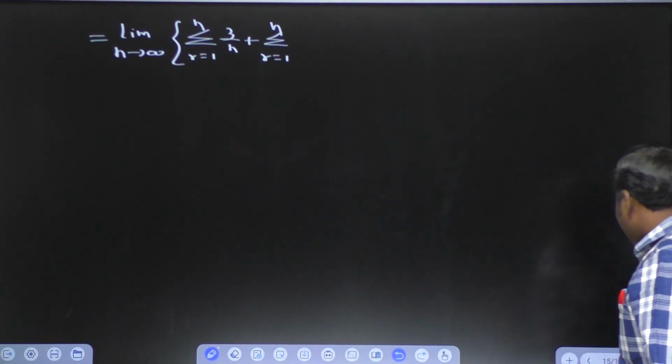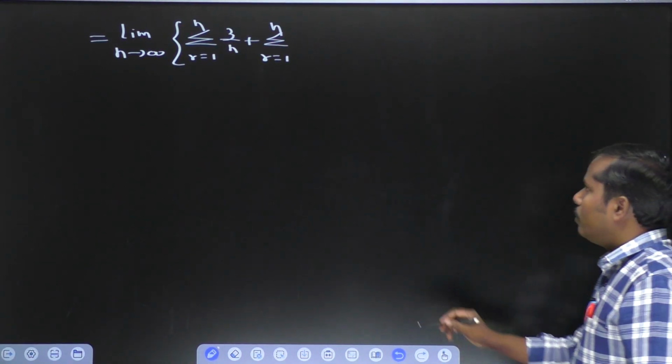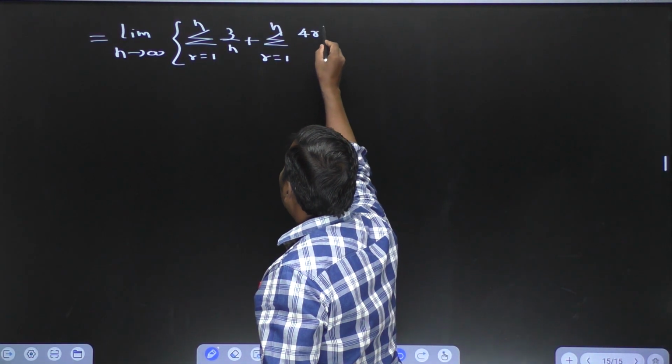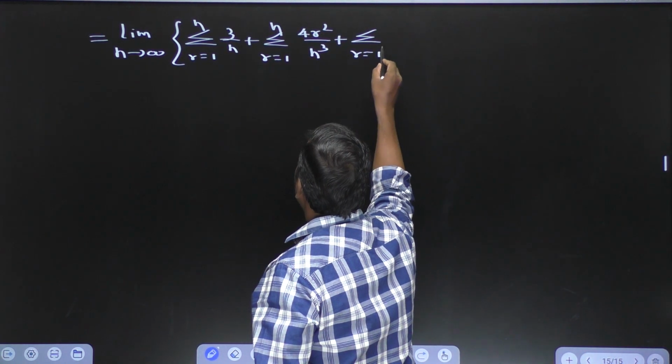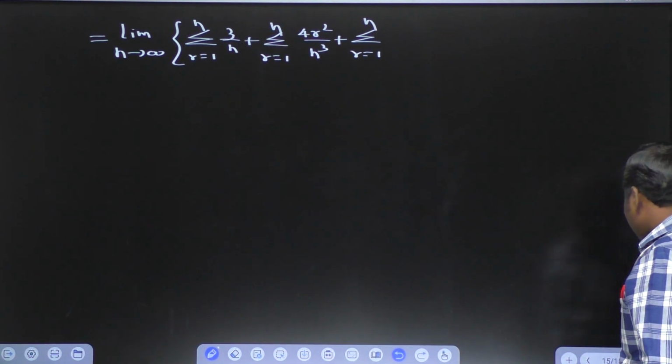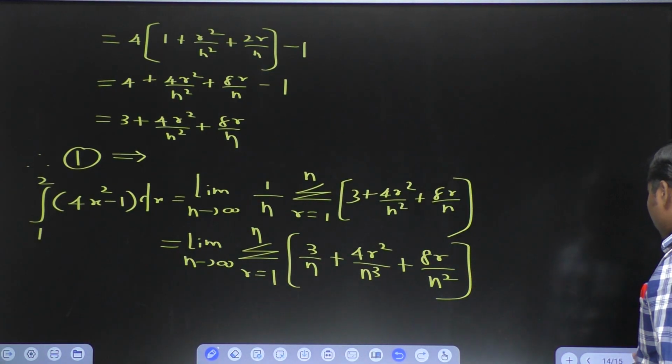What is the next term you got there? 4r squared by n cubed, plus summation r equal to 1 to n. What is the last term? Last term is 8r by n squared.